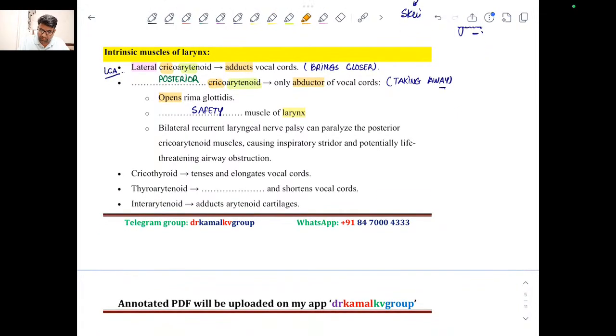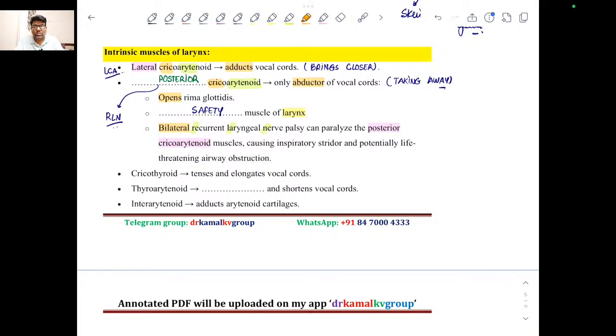Now this muscle is supplied by recurrent laryngeal nerve. Now if both sides recurrent laryngeal nerve is gone, it means both side posterior cricoarytenoid muscle will be gone. So bilateral posterior cricoarytenoid will be gone, and therefore what will happen?